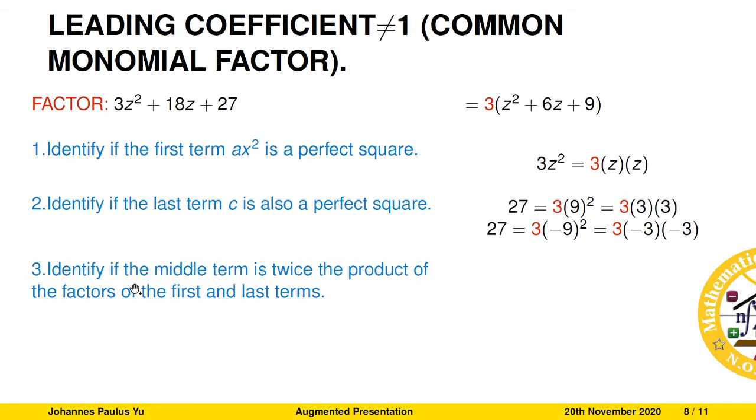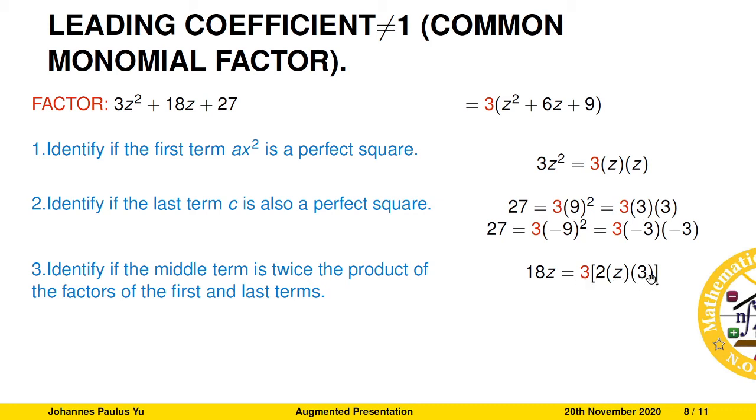Now, for step 3, we are going to identify whether the middle term is twice the product of the factors of the first and last terms. Of course, our middle term is positive 18z. When we factor, we again apply the common monomial factor, which is 3 times the bracket. Then twice means times 2, the first term z times the second term positive 3.